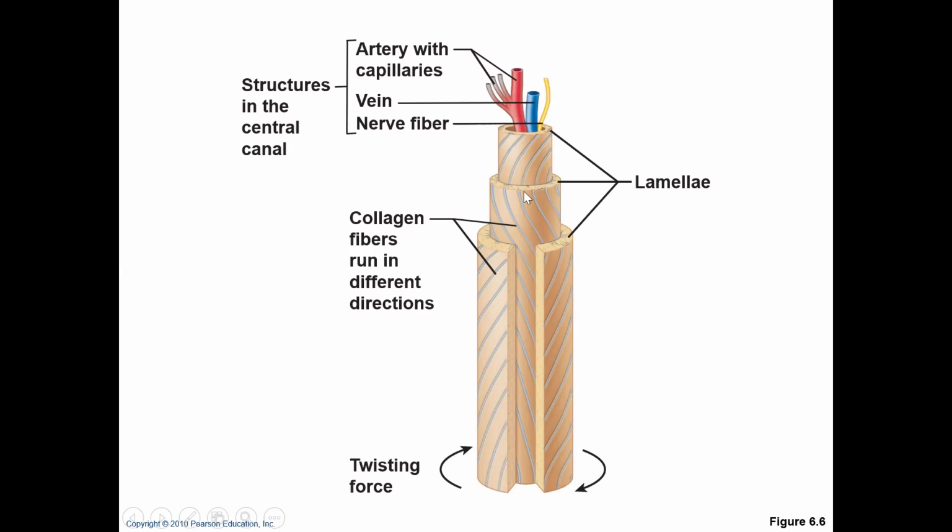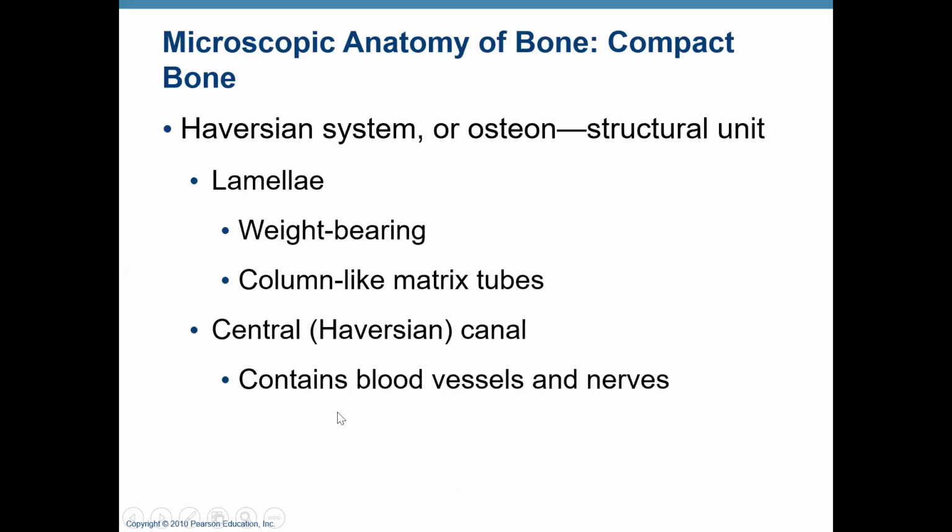And just to take note of this osteon, look at the collagen fibers in each ring pattern, the lamella. For each ring, the collagen fibers are arranged in opposite directions. So that way you can resist twisting forces. So functional unit again of the skeletal system is called an osteon. These are these round circular regions within compact bone.